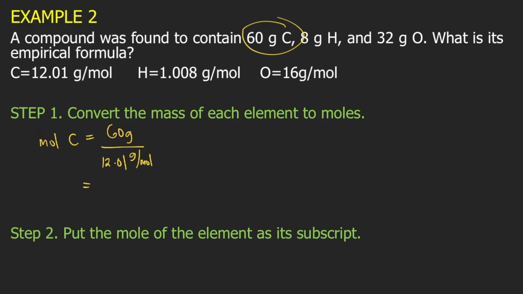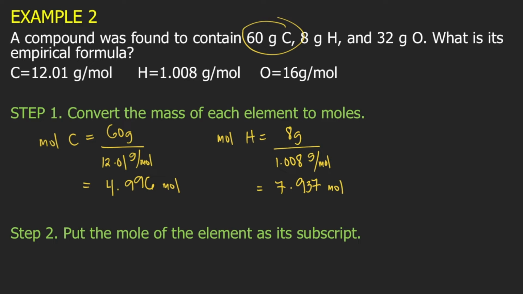And this is equal to 4.996 moles. For moles of hydrogen, we have 8 grams divided by 1.008. That is equal to 7.937 moles.